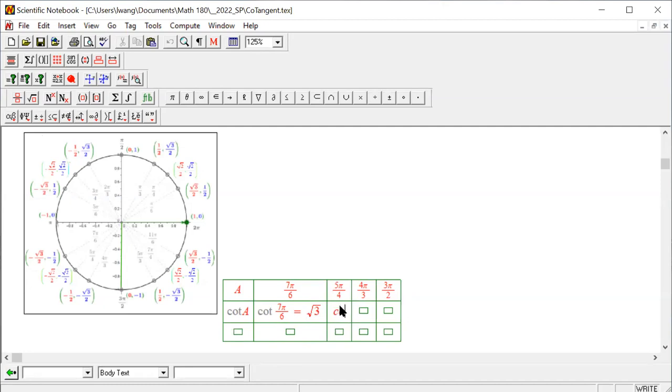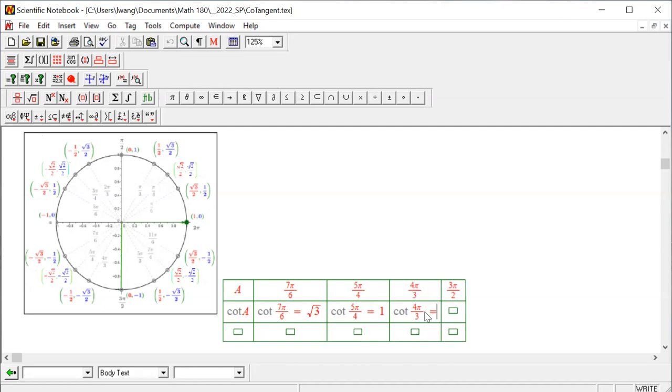And cotangent 5 pi over 4 is going to equal positive 1, because negative root 2 over 2 divided by negative root 2 over 2 is equal to positive 1.